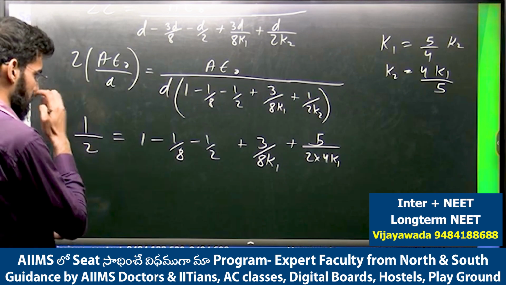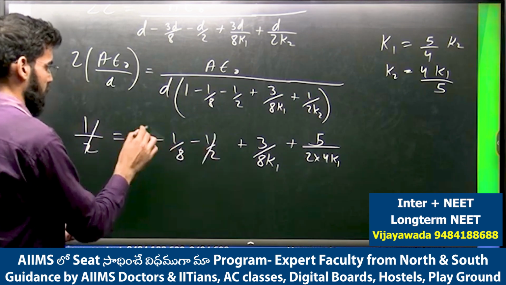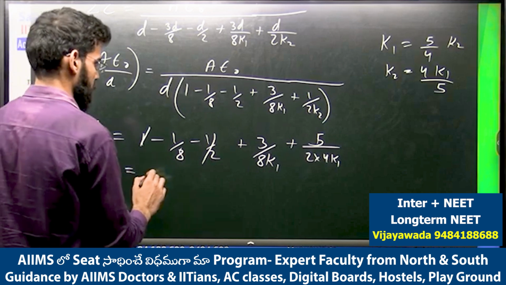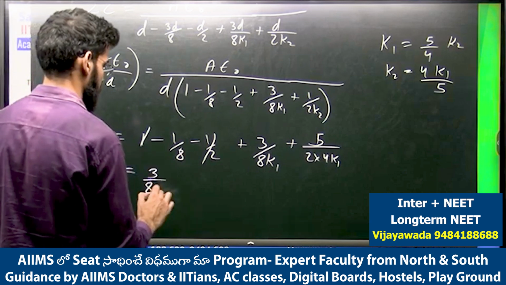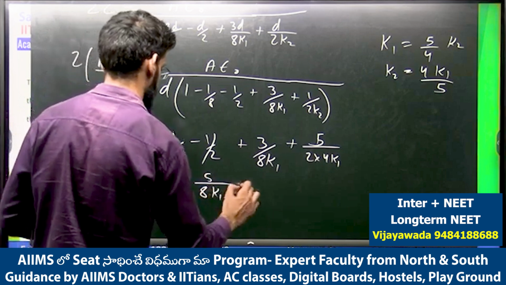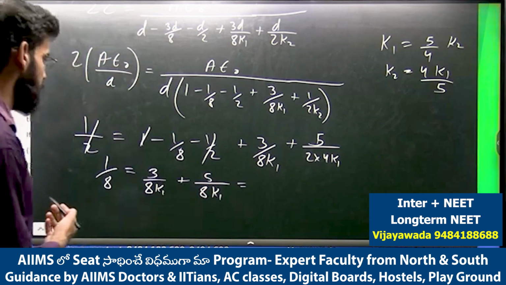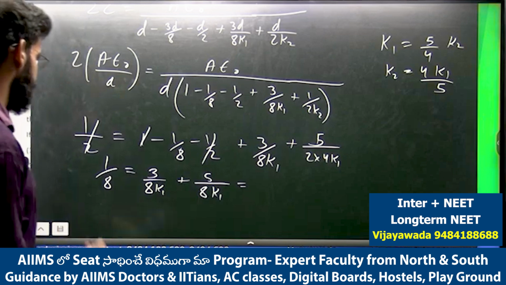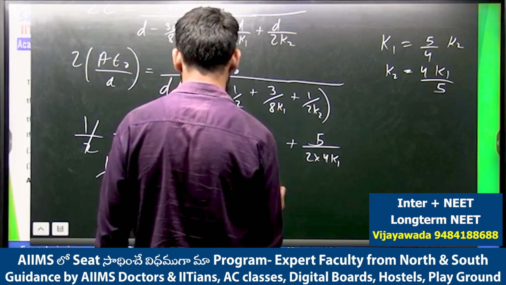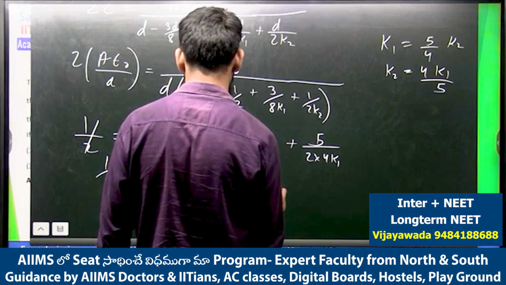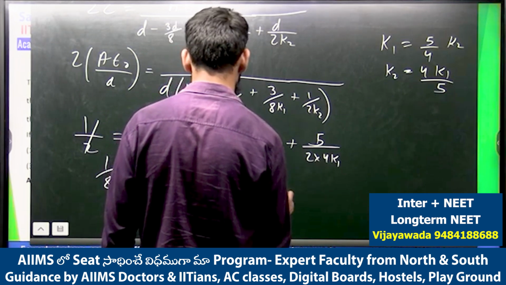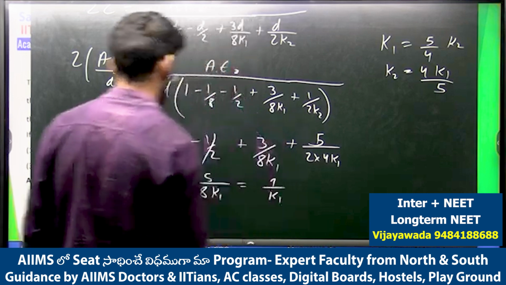Okay, 1 by 2 and 1 by 2, and 1 cancel out, minus 1 by 8, this side 1 by 8. Okay, and this side how much? This is 3 by 8 K1 plus 5 by 8 K1. So here we can say 3 by 8 and 5 by 8, the common term is 8 K1, 3 plus 5 is 8, so 8 by 8 K1, which is 1 by K1. Okay, so K1 equals 8.